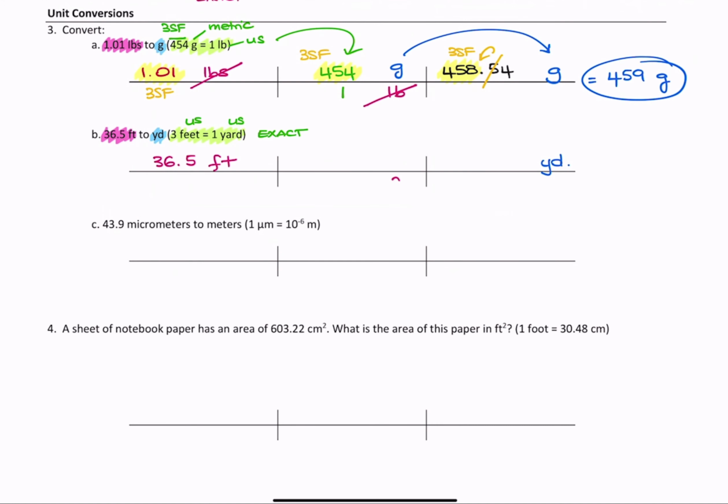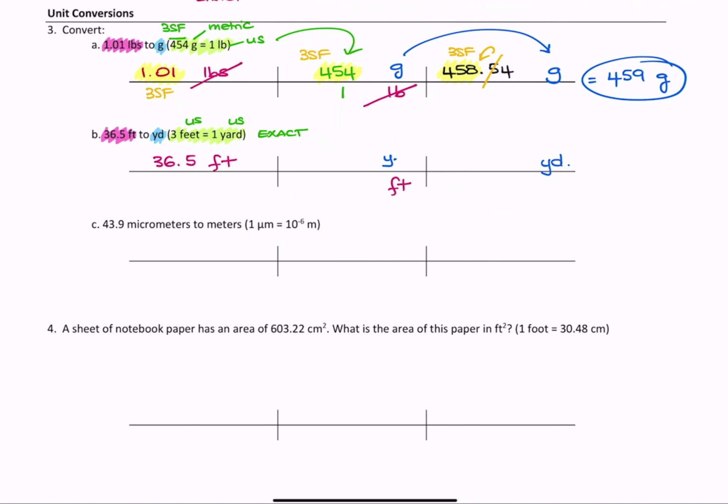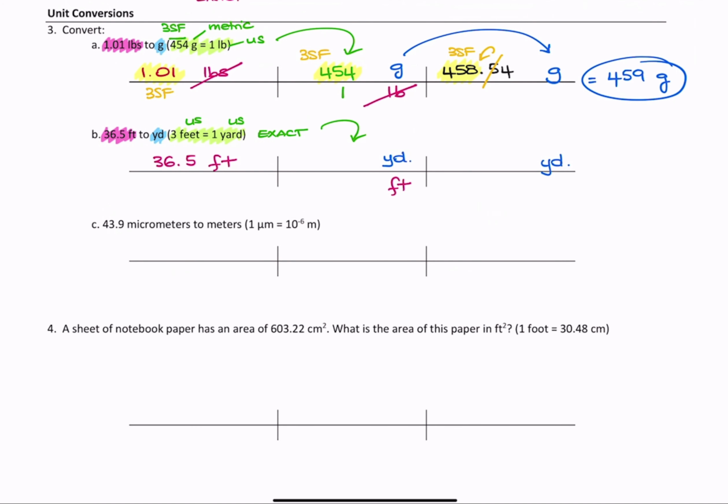Therefore, I'm going to cancel the feet, the given units, and at the top I will have the yard, and we will use this relationship here to fill the blank in our conversion factor right there. Every yard is 3 feet.